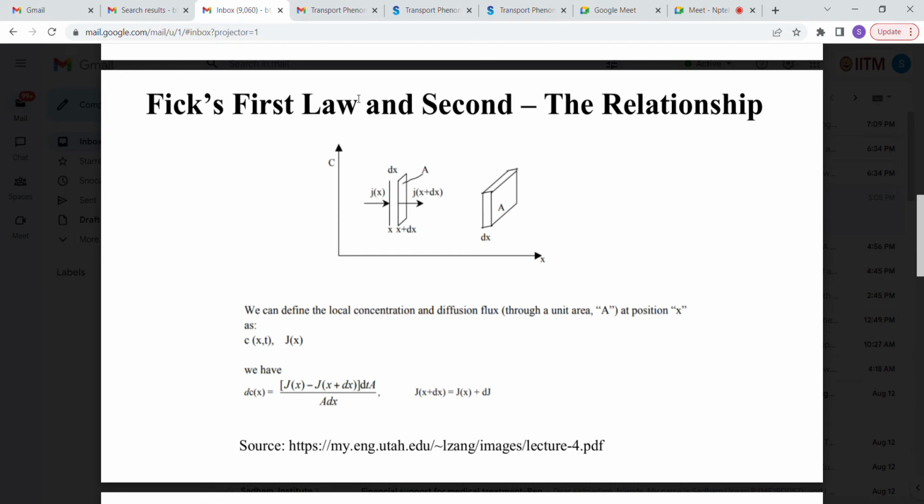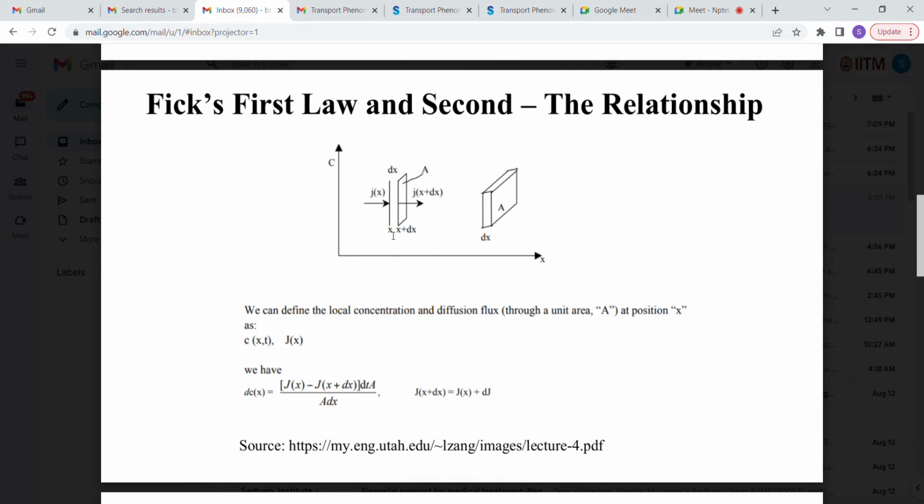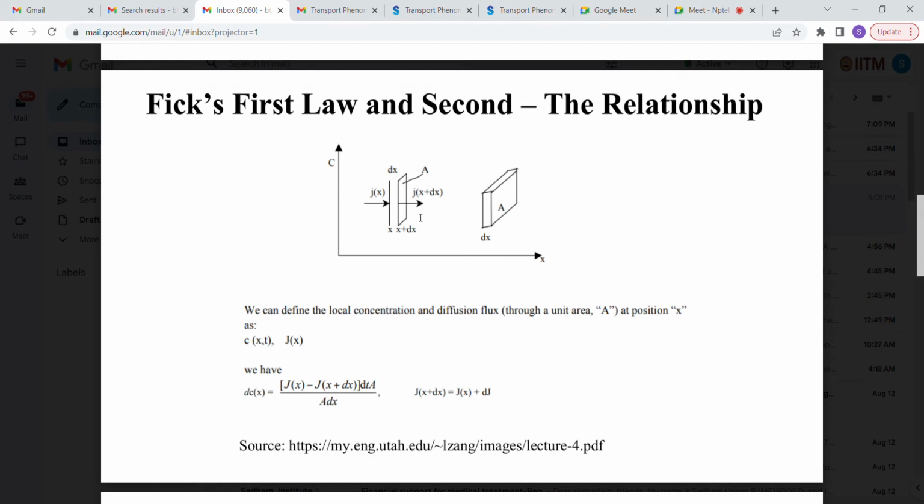And now coming to this part of the graph, what we are saying is the diffusion flux J at a point x is J of x, and the diffusion flux at a point x plus dx is J of x plus dx, and this is the width of the volume element. We are just taking the same volume element, and we are just giving the names of the various factors that are involved.